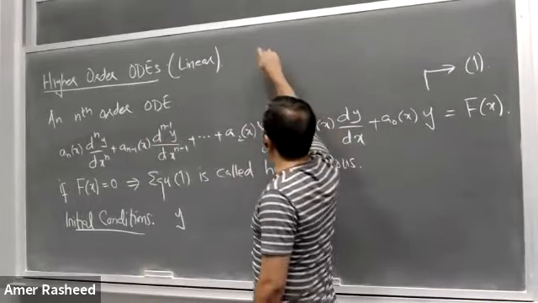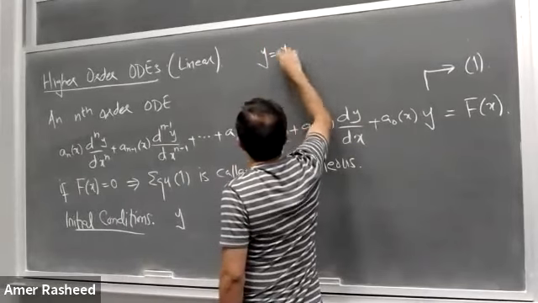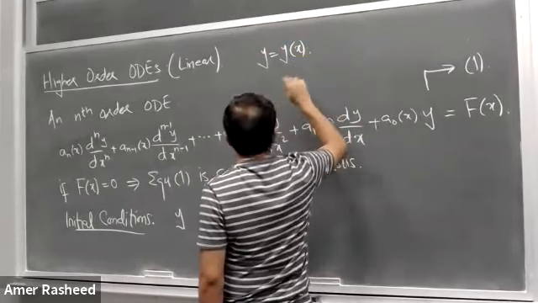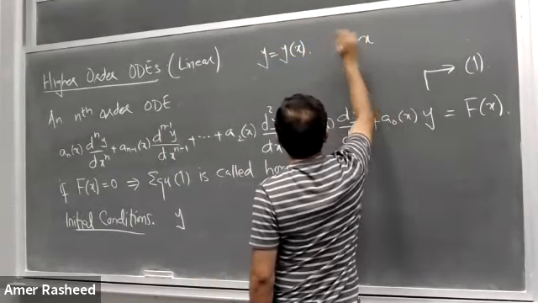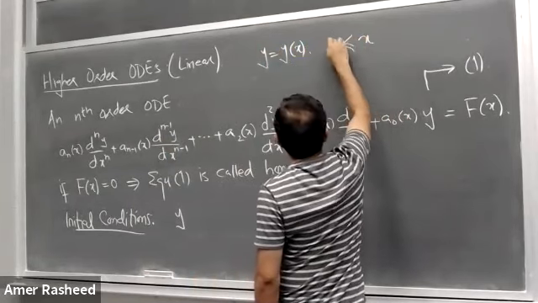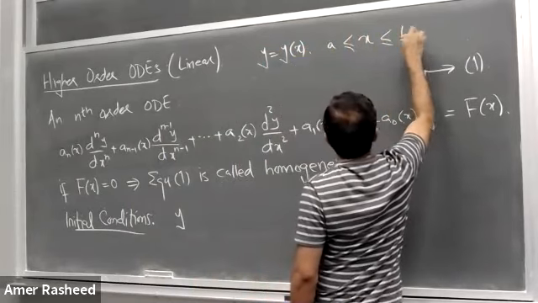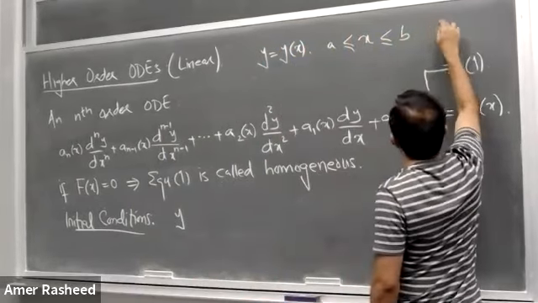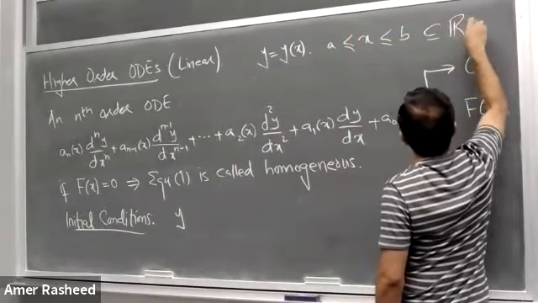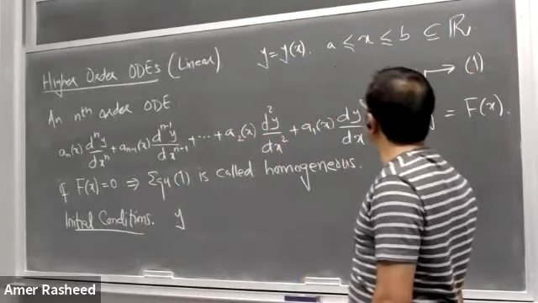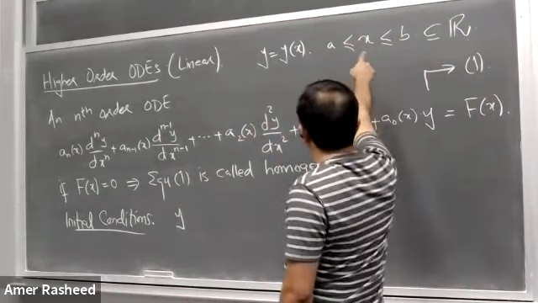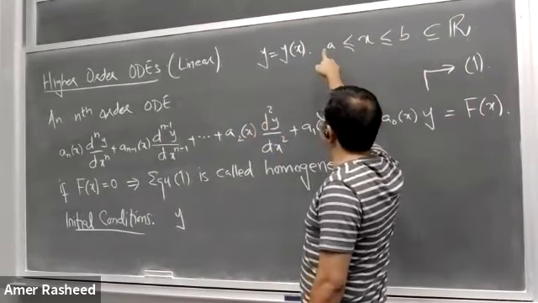y is a function of x, and let us assume that the domain of x is between a and b, which is an interval, a subset of R. The initial value of the independent variable is a.